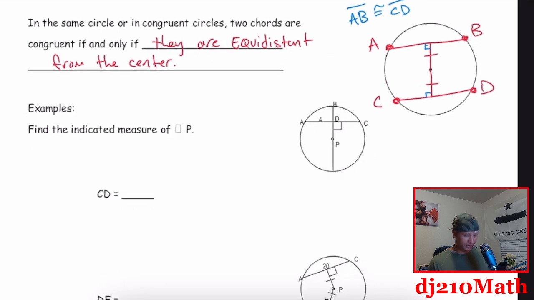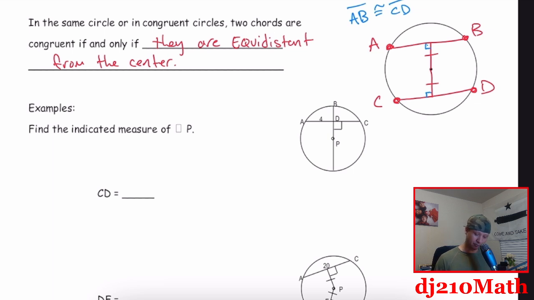All right, find the indicated measure of P. Okay, what's this saying? I feel like this is supposed to be a circle. Circle P. I don't know why it's not. Okay. We're using the circle P to answer the questions. All right, so CD. What is CD?